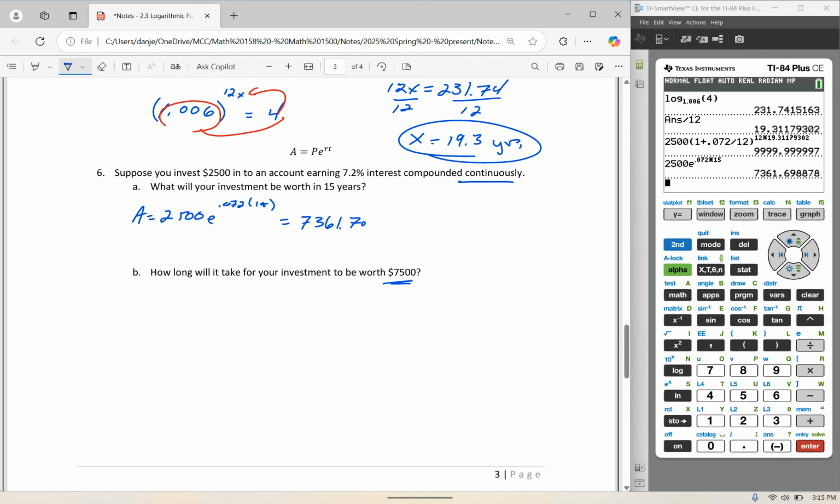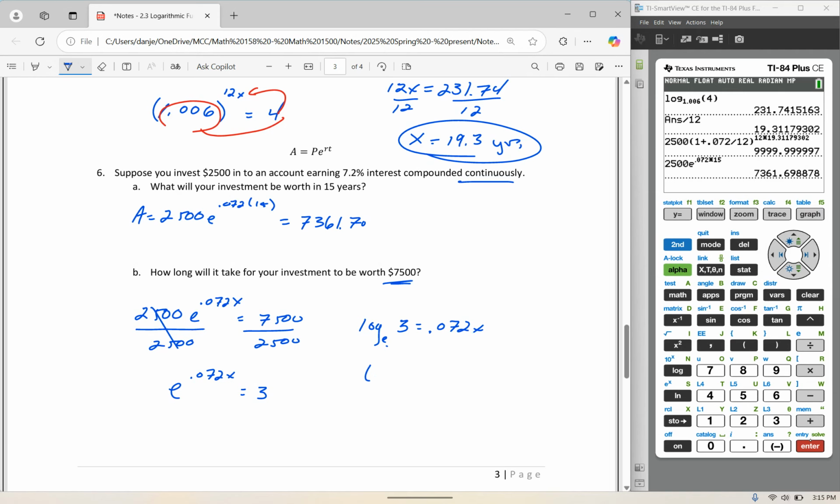Now, clearly, it's not going to be much longer than the 15 years, but the question is, if I invest $2,500 times e to the 0.072x, when will that equal 7,500? I'm going to divide by 2,500. E to the 0.072x would equal 3. So I've got log base e of 3 equals 0.072x.